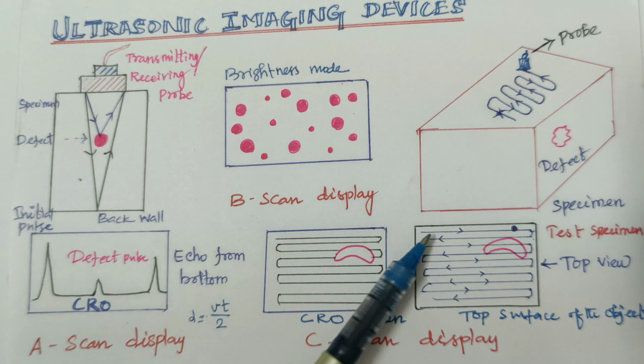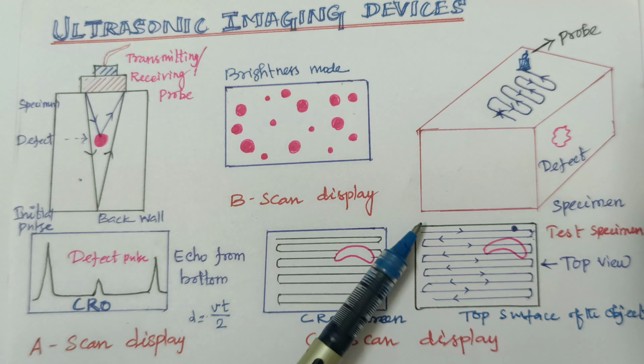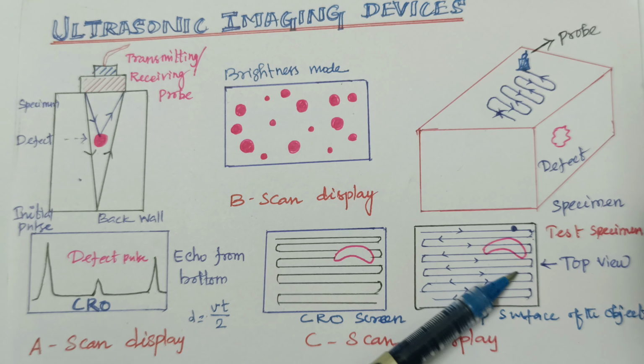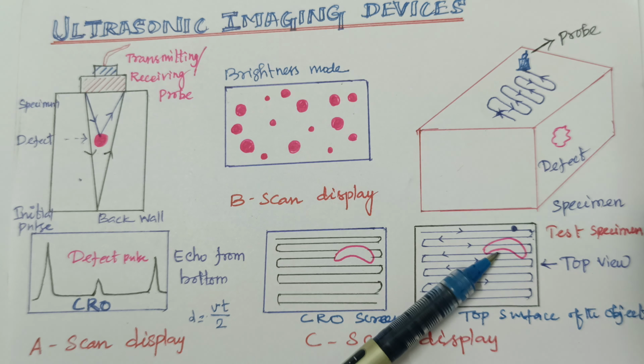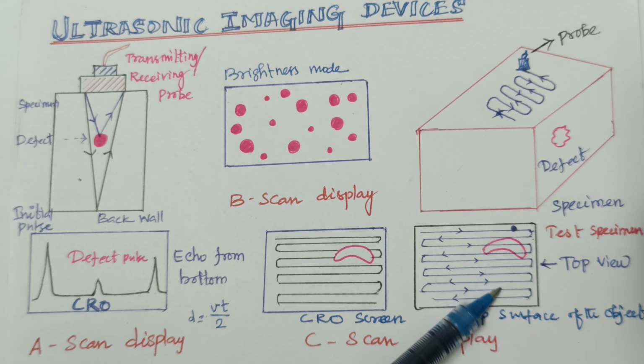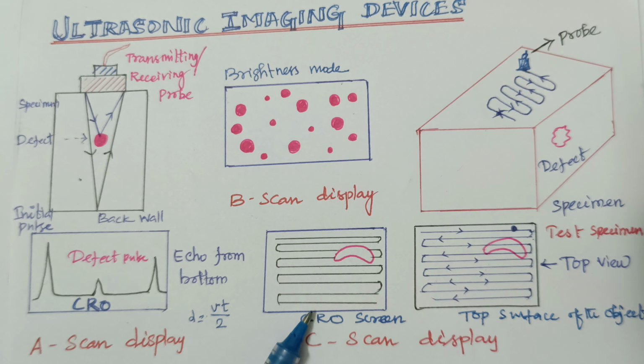Now the probe is moved on the XY platter over the specimen. If the material has any defect, you can see it in the CRO screen, the clear size of the image.